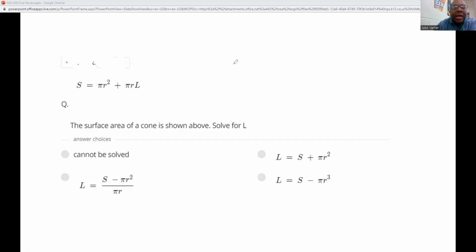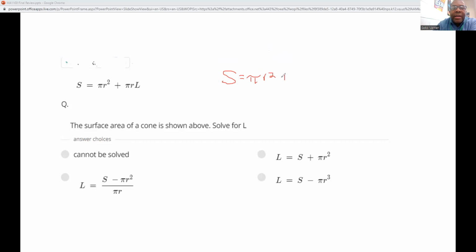All right. So I have currently S equals pi r square. Let me reduce the size. So S equals pi r square.